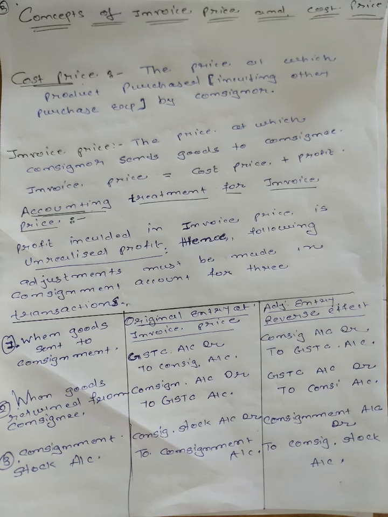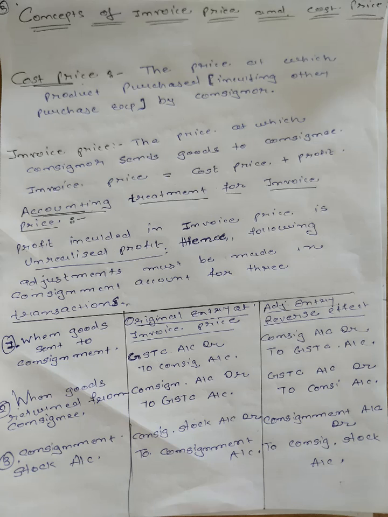While the invoice price is the price at which the consignor sends goods to the consignee, and it is higher than the cost price. The difference between the cost price and invoice price is profit. This profit is added by the consignor. It is not actually earned by the consignor because the sale has not been done by the consignee.